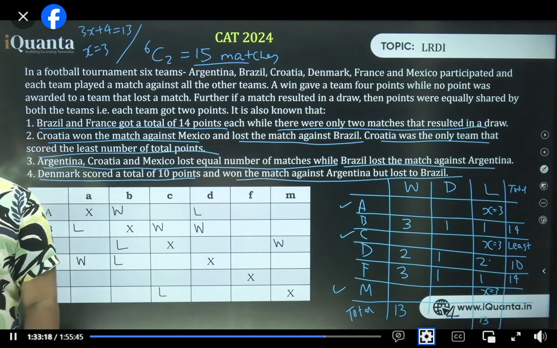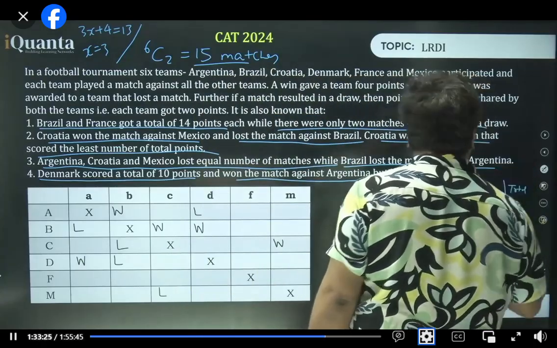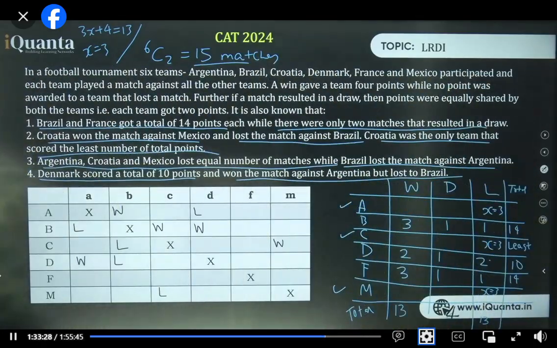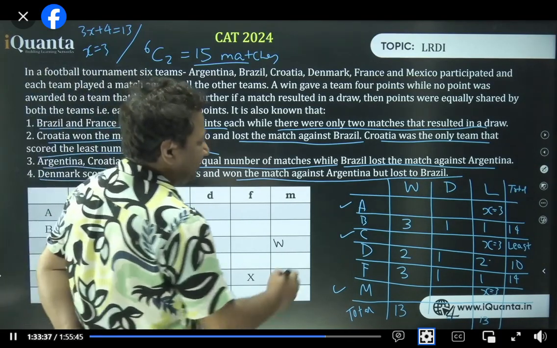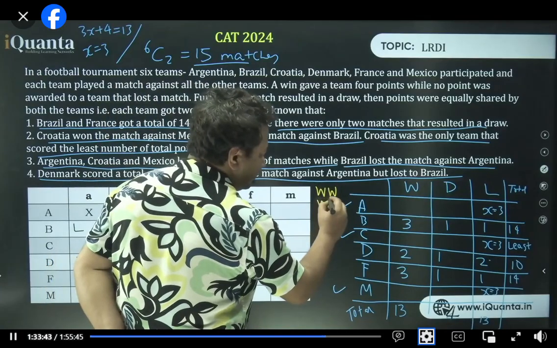2 matches. Now, these two matches can have different outcomes. What all outcomes can there be? See, it can be win-win. It can be win-loss.